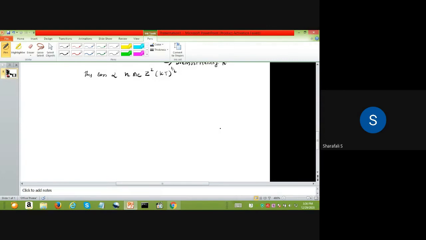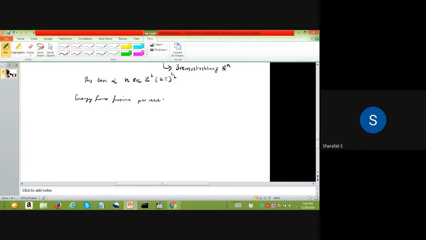So for energy from fusion per unit volume per unit time, we consider n_x n_y times sigma v times q, where q is the energy per reaction.